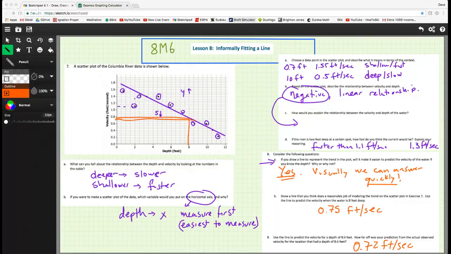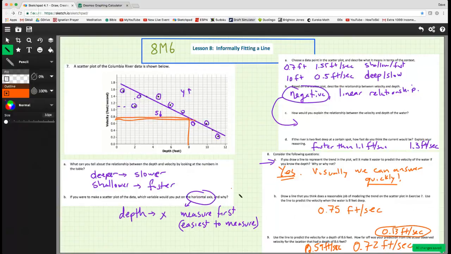And so at 8.6 feet, the actual was 0.59 feet per second. So it was off by 0.13 feet per second. Not too far off.